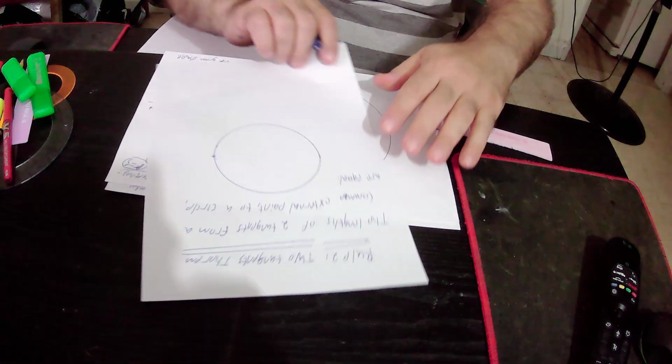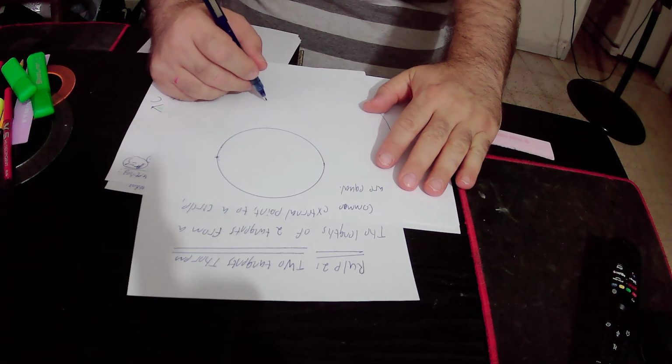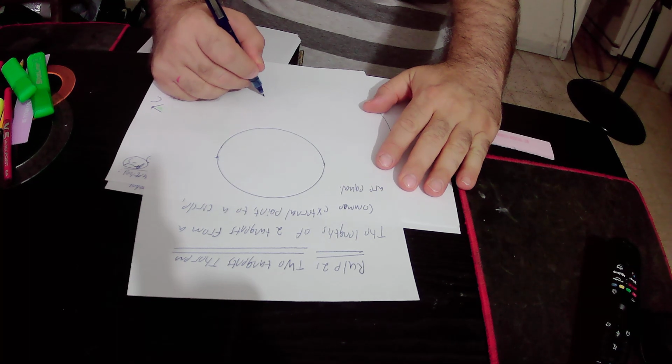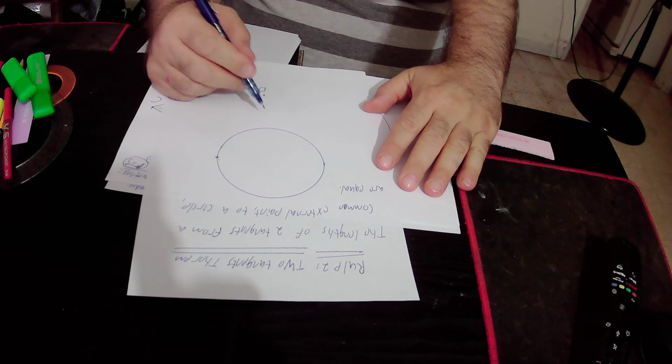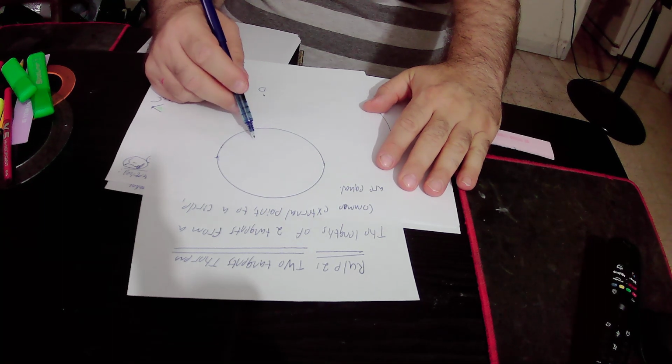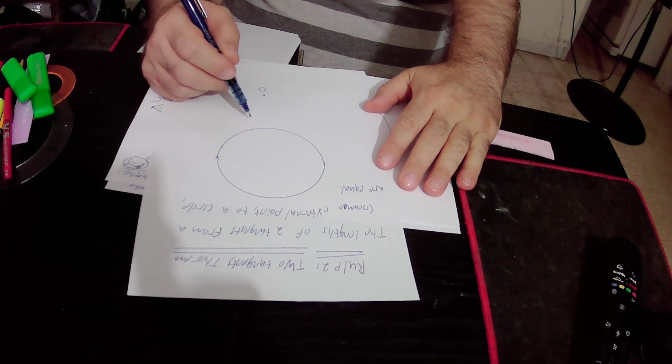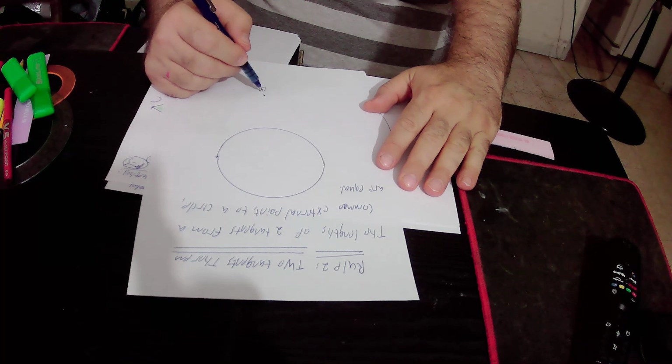So actually, if we have an external point, that is to say point D, it is an external point because it is not in the circle and not on the circle itself, but it is outside the circle.